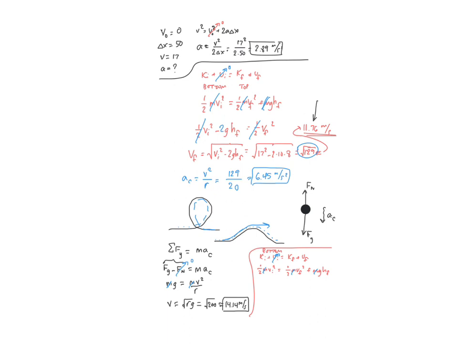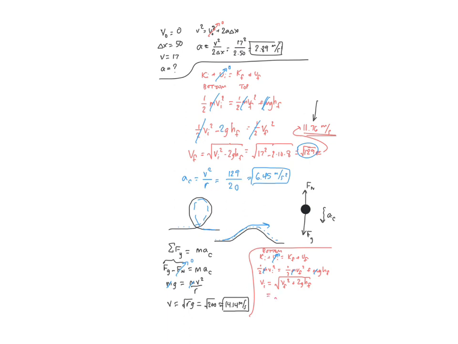And you want to solve this equation for the v initial, which is the speed at the bottom of the hill. Multiplying every term by 2 would give you v final squared plus 2 g h final, and then you also have to take the square root of that.